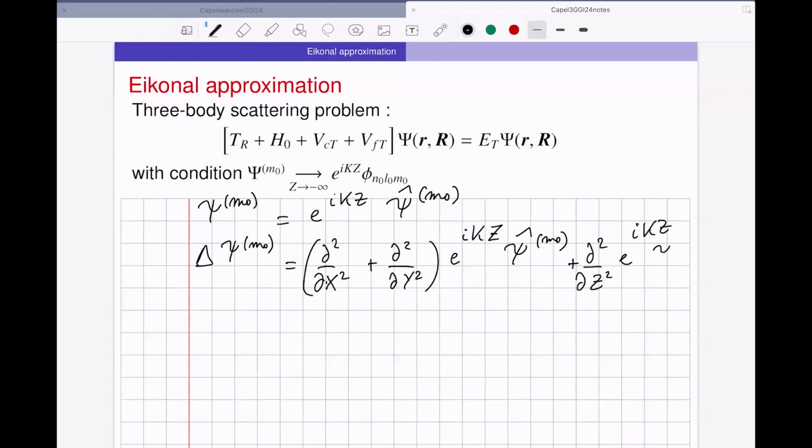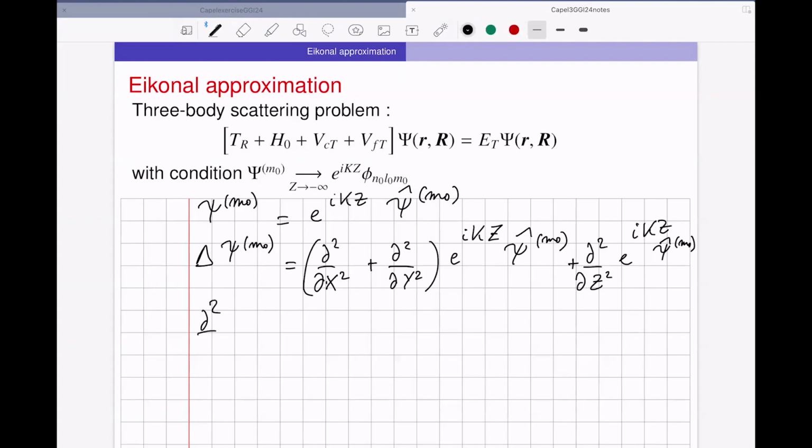That's the plane wave, and that's my psi hat m0 over here. I won't discuss this because nothing happens. You can factorize that, you can move it here, it does not affect this part. So I will just look at what's happening on that term.